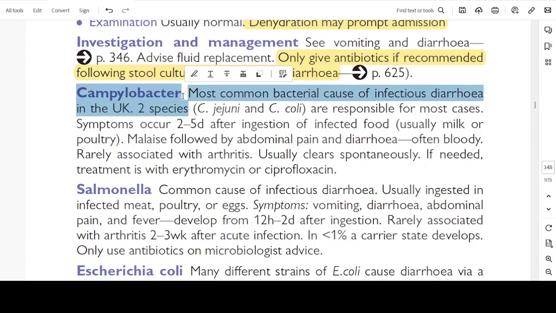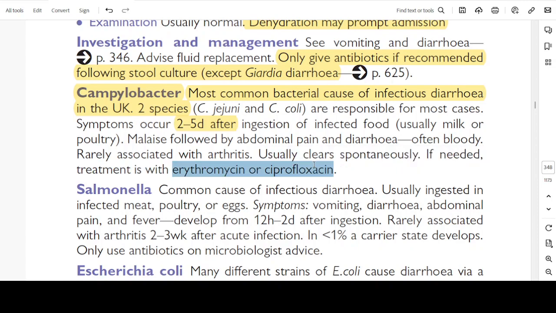C. jejuni or C. coli are responsible for most cases. Symptoms occur 2 to 5 days after ingestion of infected food, usually milk or poultry. Malaise followed by abdominal pain and diarrhea, often bloody. Rarely associated with arthritis, usually clears spontaneously. If needed, treatment is to be given. Then erythromycin or ciprofloxacin are the antibiotics of choice.